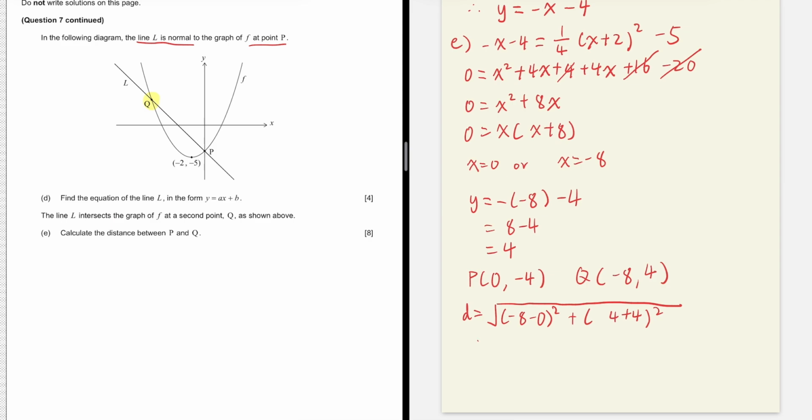And then that would be equal to the square root of 128. And then that could be simplified to 8 square root of 2.